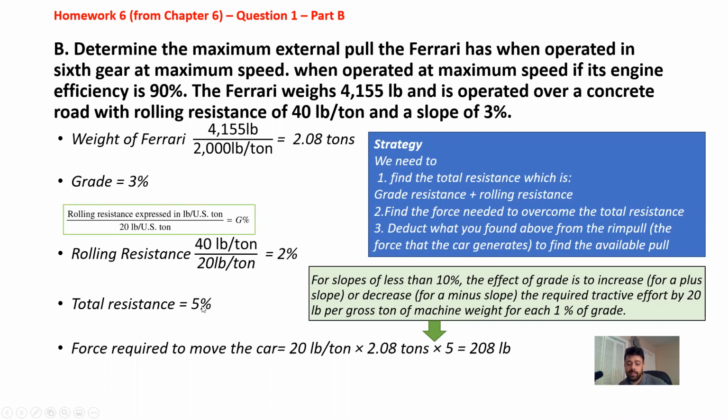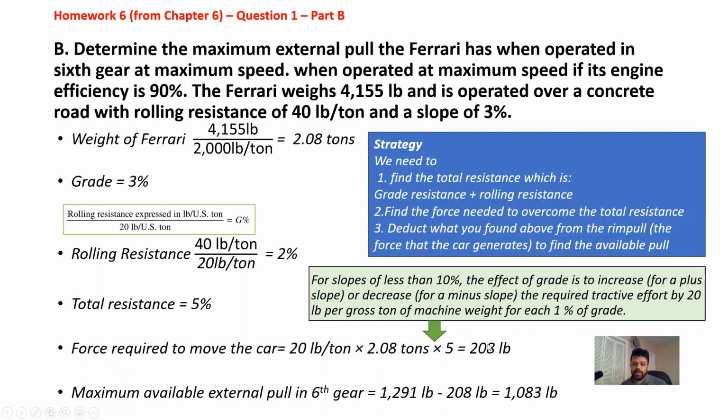And since it is still less than 10%, we can easily find the force required to move the car by using this equation: 20 multiplied by the weight of the vehicle in US tons multiplied by the grade percent. So 208 pounds is the force required to move the car.